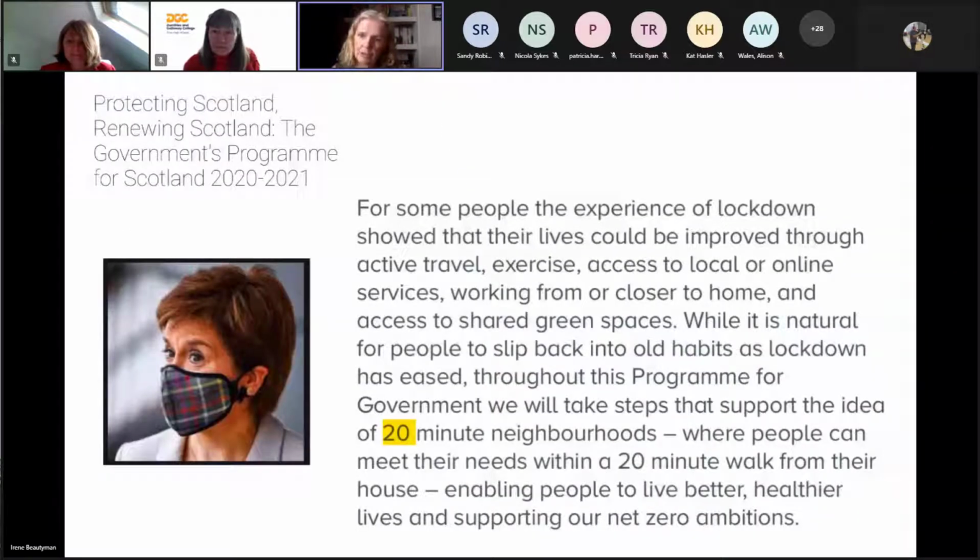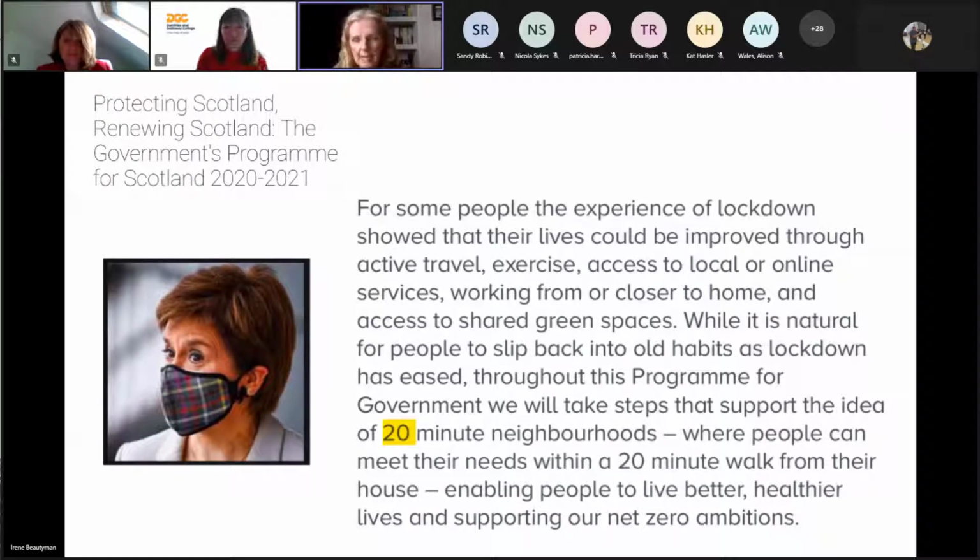It's certainly coming through as one example that I'll give you for how the place standard can be used. In the programme for government last year, Nicola Sturgeon in her introduction was really clear about how lockdown has improved lives for certain people, that they have more access and time in their locality to use their active travel, to exercise, to use local shops.